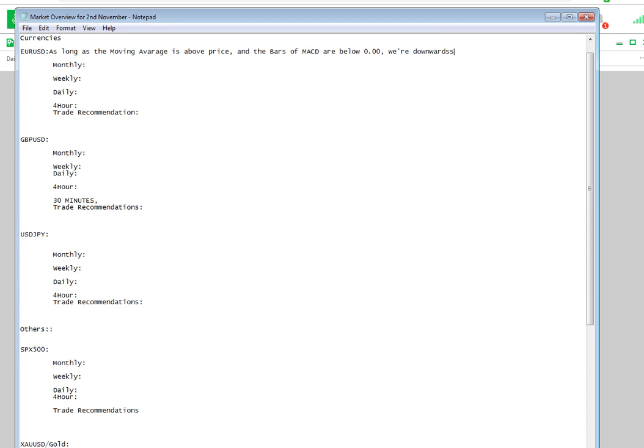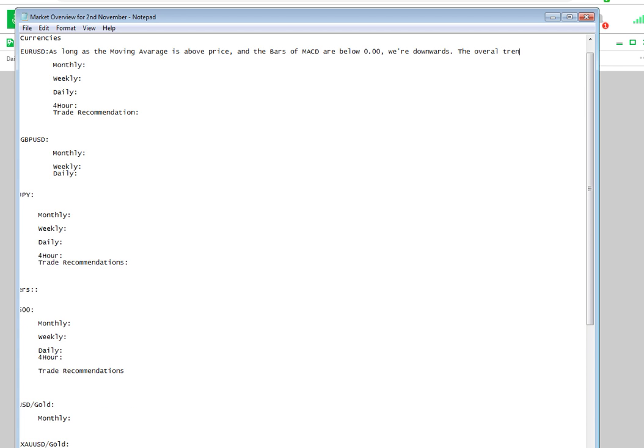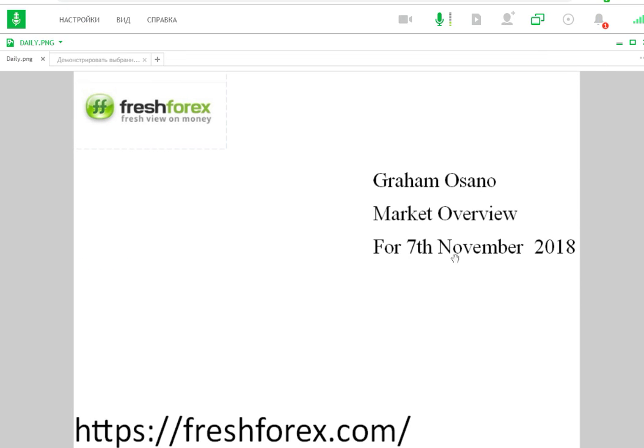That only means the overall trend is downwards. The overall trend is downwards. That's the meaning. It means that the overall trend is downwards.